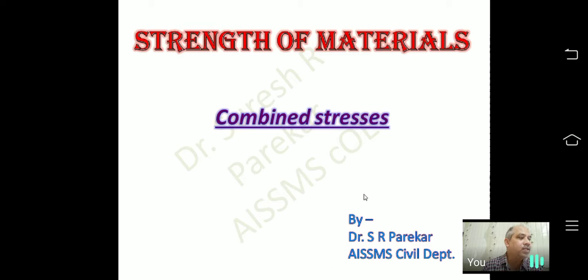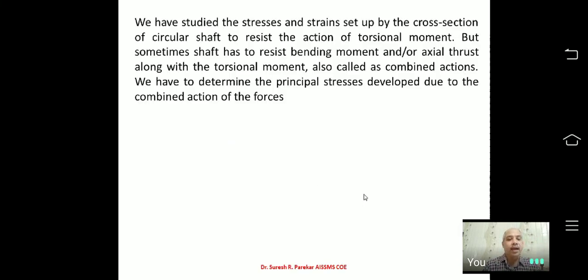These combined stresses are first due to torsion and bending, second due to torsion and axial, third due to torsion, bending and axial. Now we will first go through the derivation of all these three, and then we will switch over to 2-3 problems which are related with combined stresses.